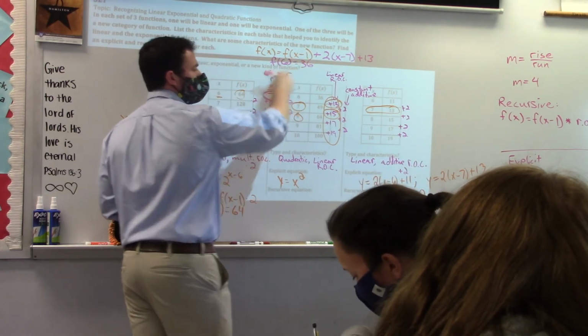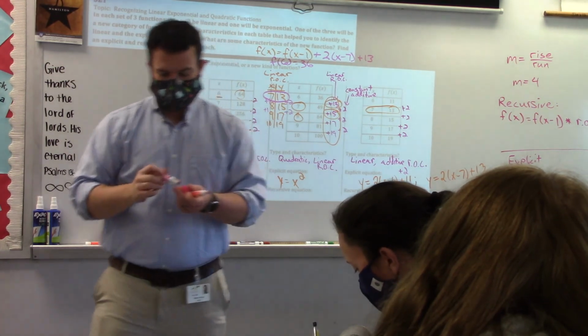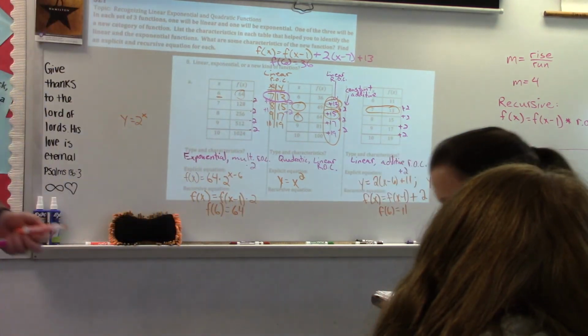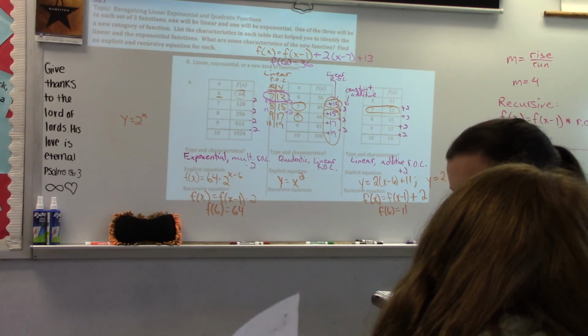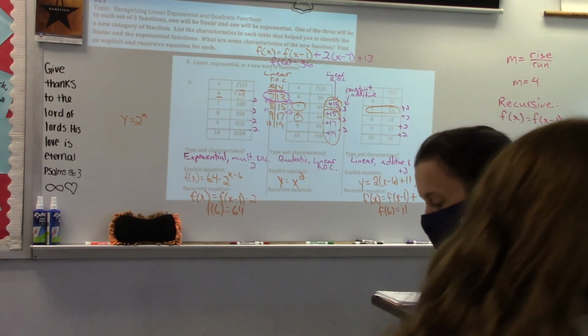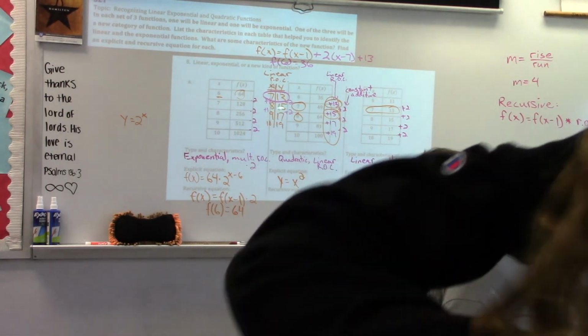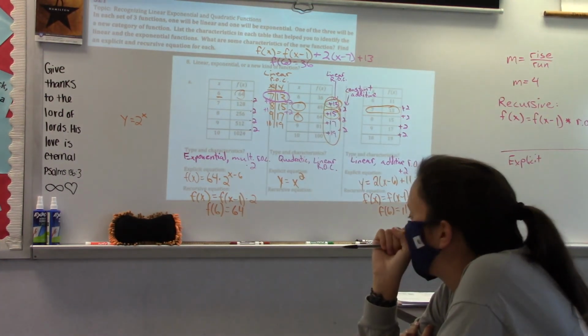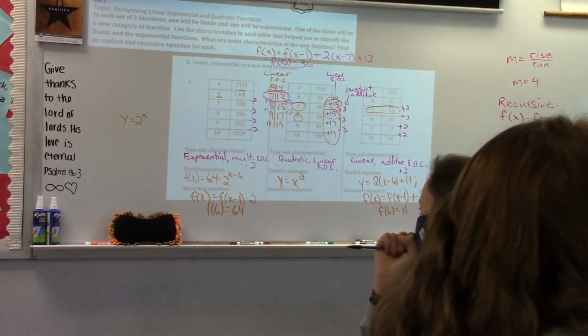What is that, Carell, that you just told us? Shelby, what's it called? The starting point. You can't just have the rate of change, you also have to have that starting point. You've identified the correct starting point.